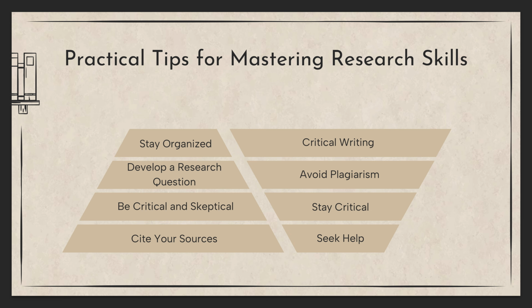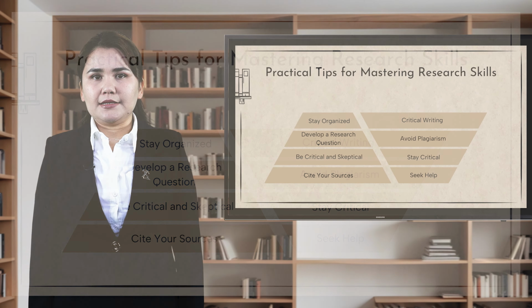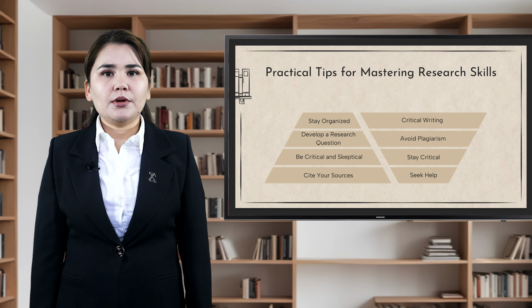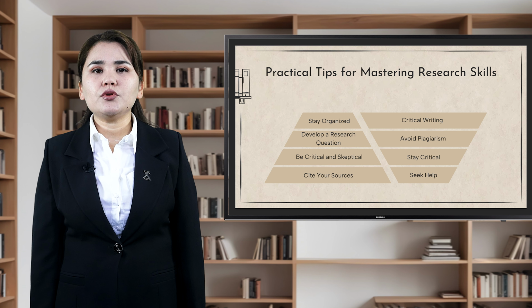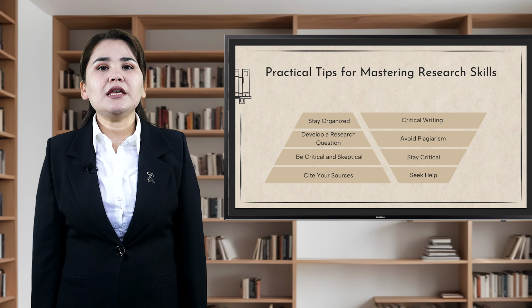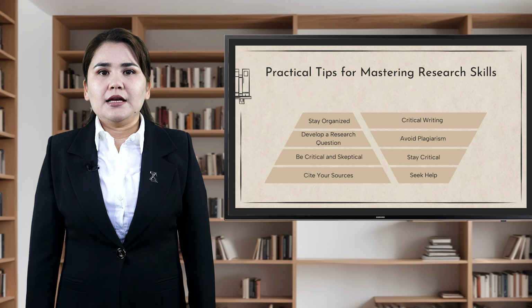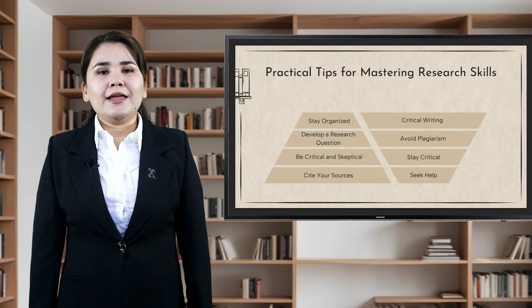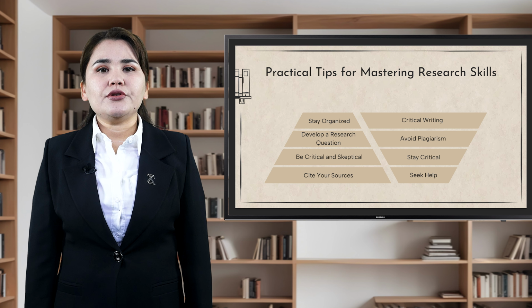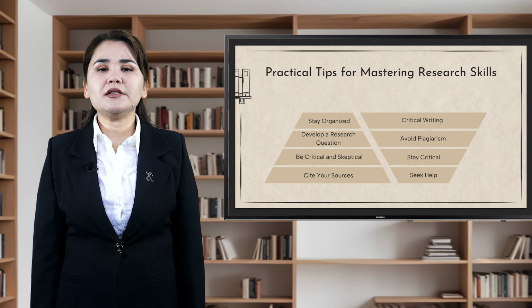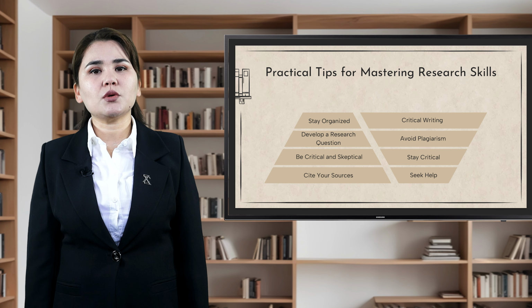The first tip, staying organized. Use tools like Zotero, Mendeley, or Evernote to organize your sources. Take notes and keep track of citations. And the next is about developing a research question. Before diving into research, clearly define your research questions or problems.